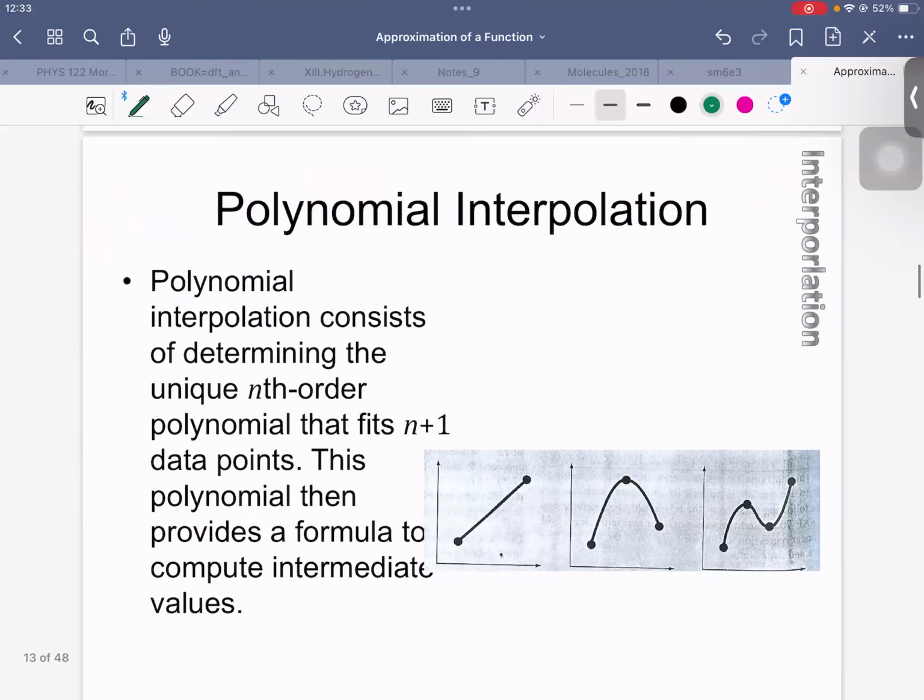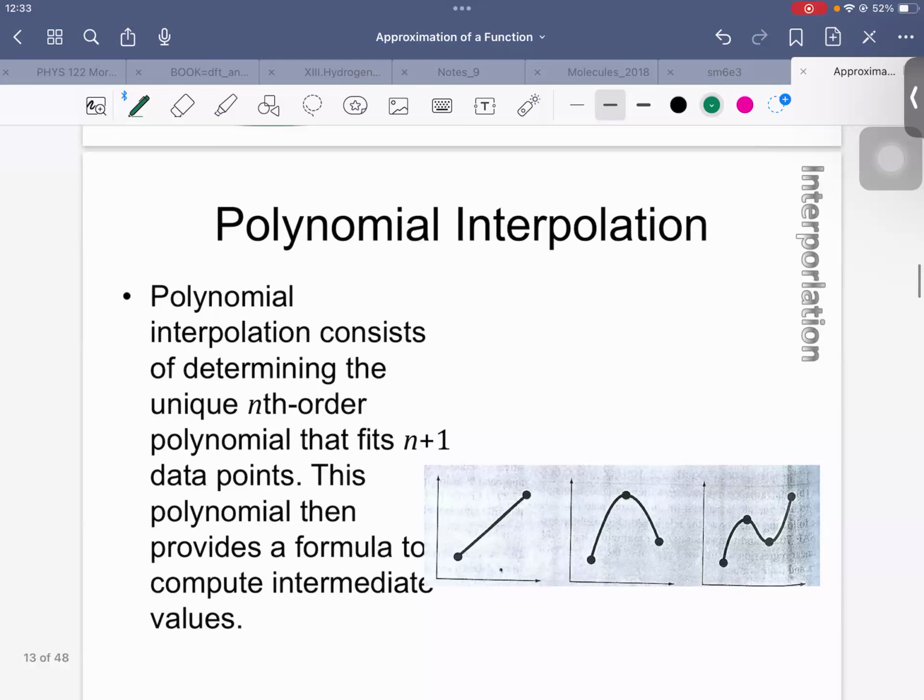Okay. Now, let's talk about polynomial interpolation. Now, of course, interpolation is you try to get the data between those given points. For example, these 2 points, you approximate the value here. Now, for 2 points, the easiest way would be linear fitting.